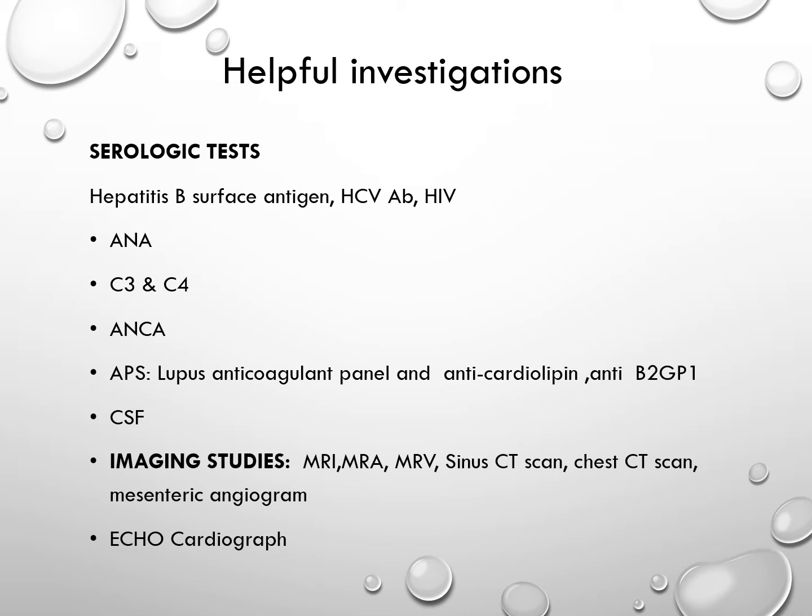Then imaging studies could also be helpful, specifically MRA, MRV, and CT angio for the assessment of blood vessel involvement. The angiogram is helpful mainly for medium-sized and large vessel vasculitis. Echo and CT chest can also be helpful to draw your attention toward associated vasculitis or infection.